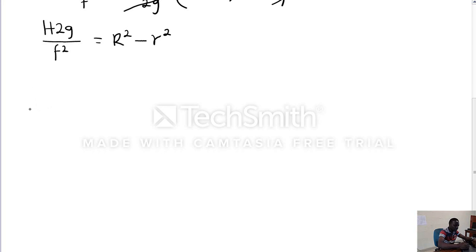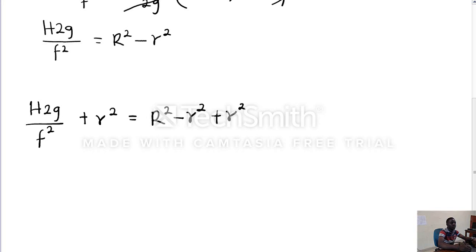So this becomes h times 2g divided by f squared plus small r squared is equal to capital R squared minus small r squared plus small r squared, and minus r squared plus r squared is going to be 0 when you collect like terms.